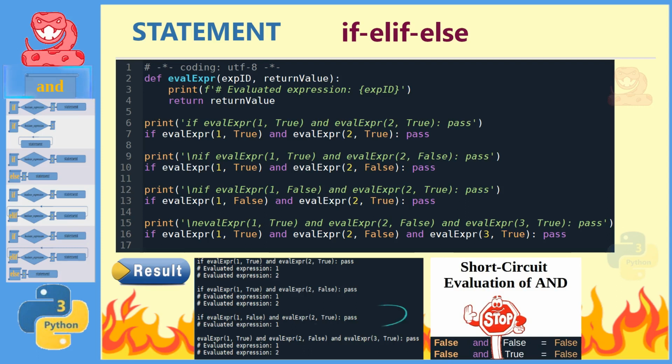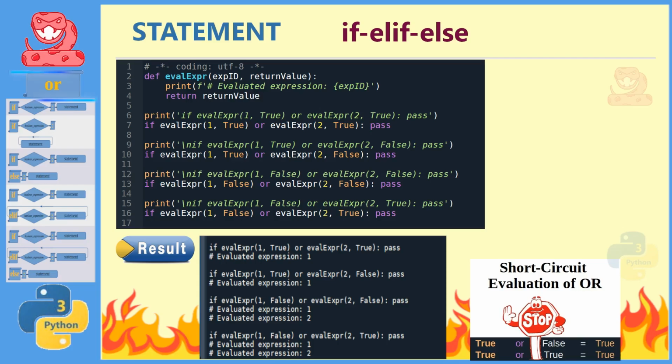As soon as the final outcome of a Boolean expression can be determined, Python stops evaluating the expression. This is known as short-circuit evaluation, and it can be used to improve performance. So, if the left side of an AND expression is false, the whole expression is false. Or returns true if either component condition is true.